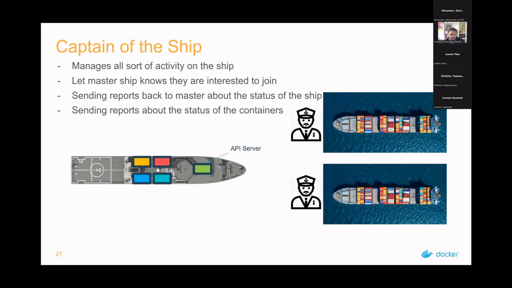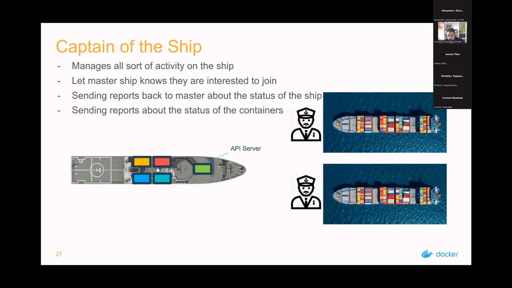So typically, there is, continuing the analogy, the captain of the ship that manages all the activity of the ship and lets the master node, in our case, shipping, know that they are interested to join. So the captain is to report back the status of the ship and the status of the container.